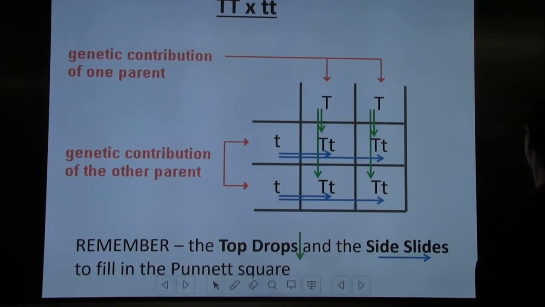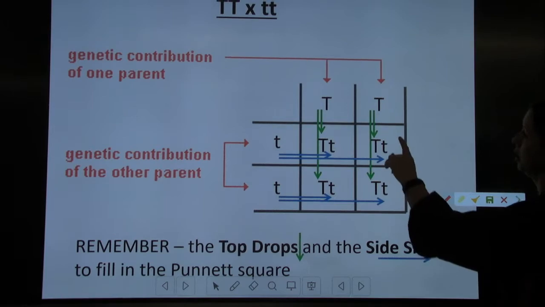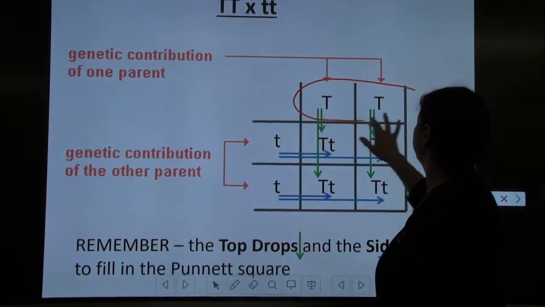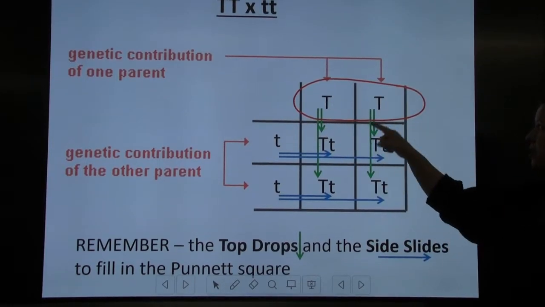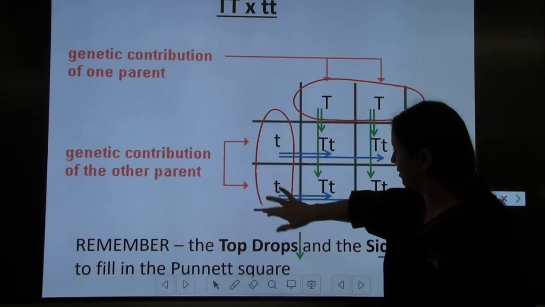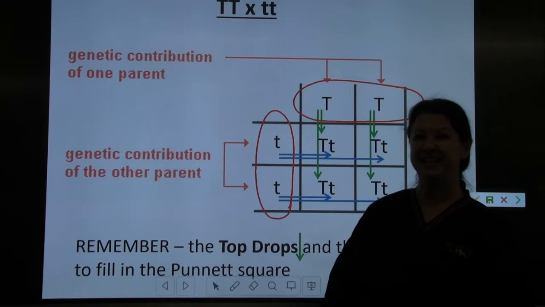Okay, now let's look at how this works. So your parents go at the top. Here's one parent, our big T and our big T, and notice we split them. And the other parent goes on the side, little t, little t. Notice they're split.